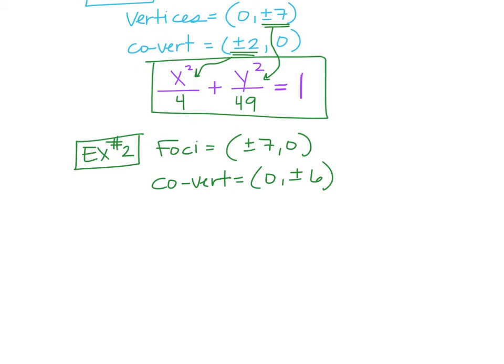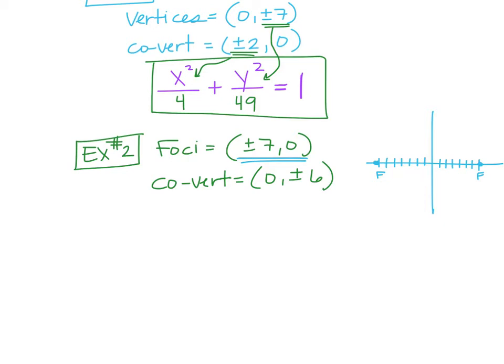Here's what I need you to think about before we really even jump in. If your foci are at plus or minus 7, 0, if you think about what that looks like, 1, 2, 3, 4, 5, 6, 7. Okay, this is your foci. 1, 2, 3, 4, 5, 6, 7. Okay, so those are your foci.